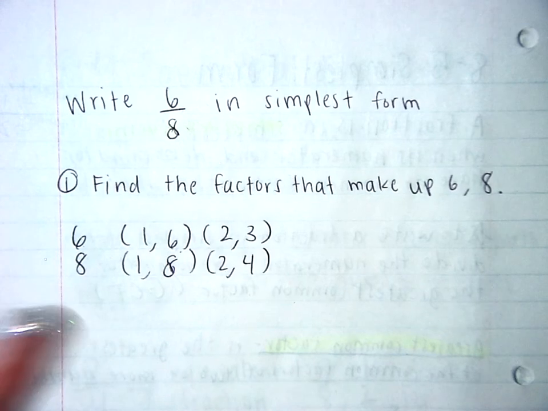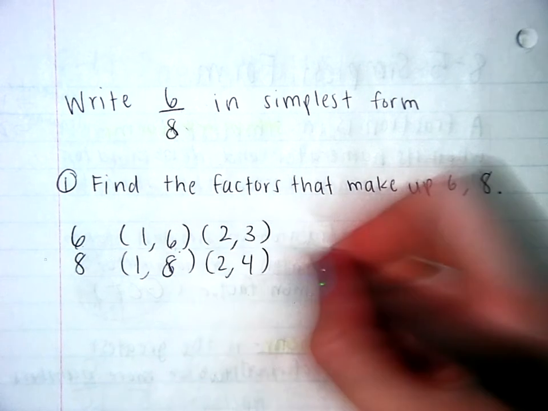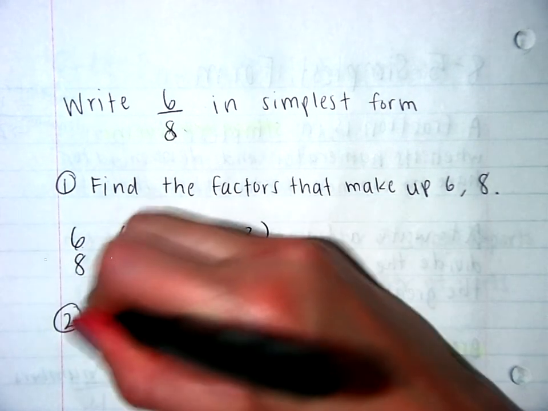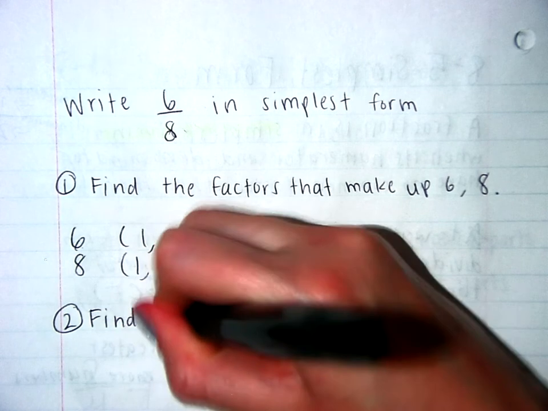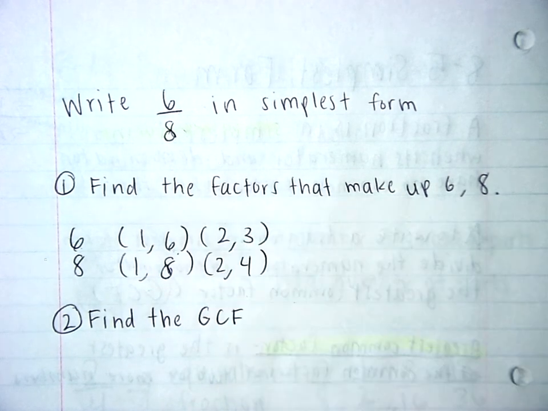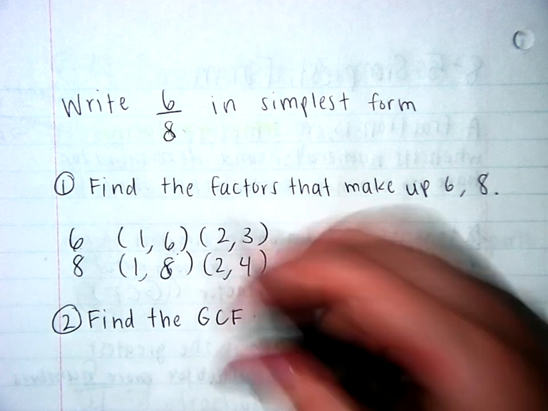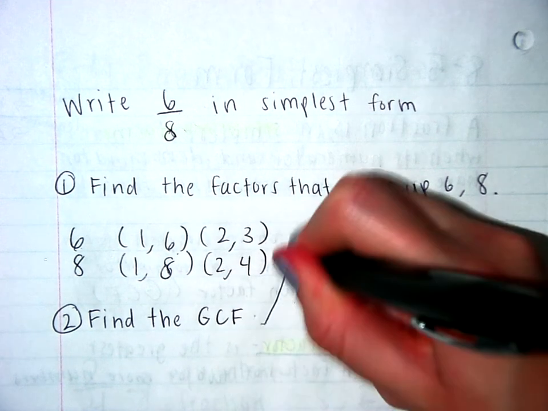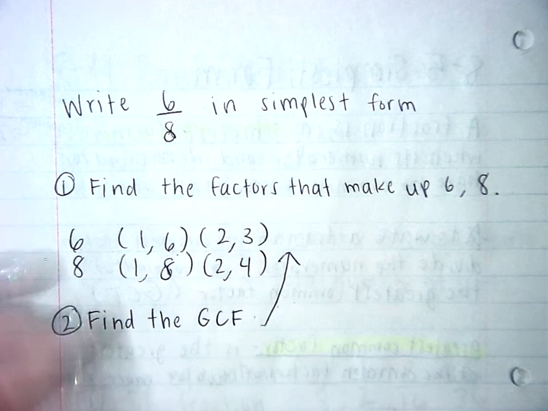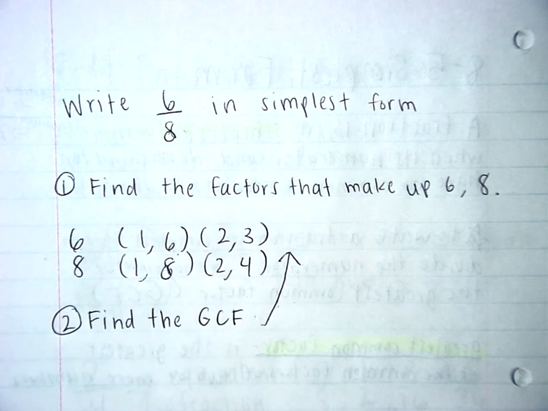So now the second step, now that I found all the factor pairs, is to find the greatest common factor. That's the GCF. So find the greatest common factor from these numbers. You have to find the one that is the largest number.